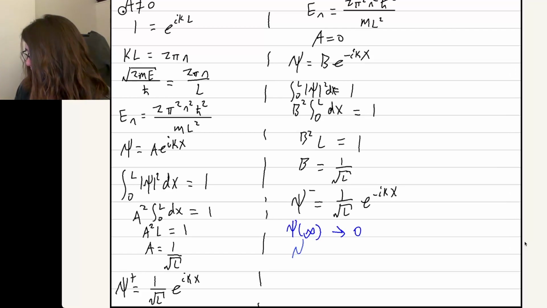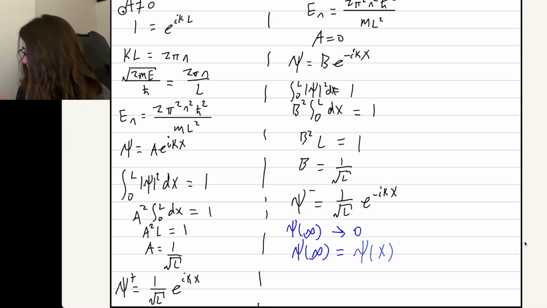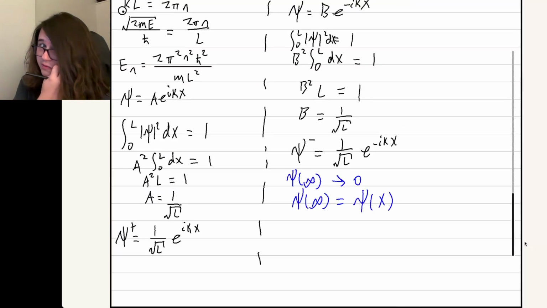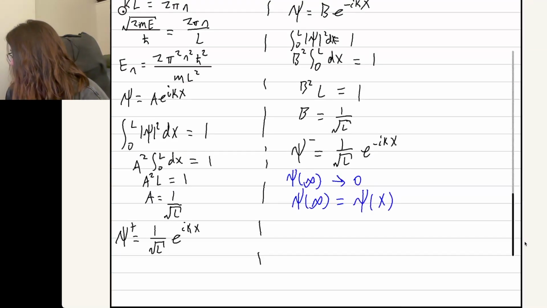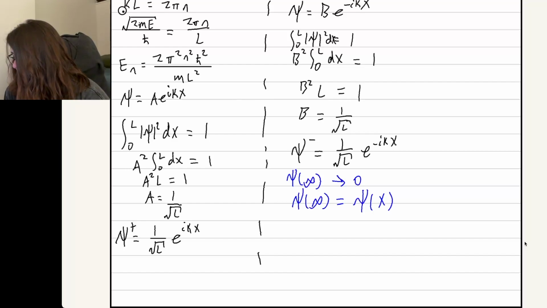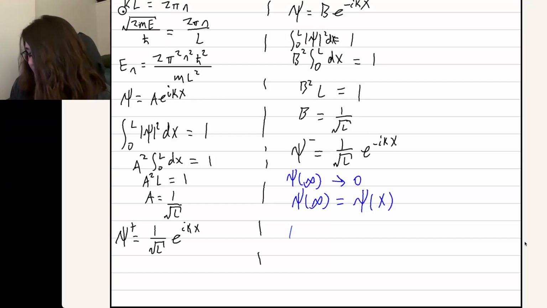Psi of infinity for either of these looks more just like psi of x again, presuming infinity is divided by L, but yeah, you get the point. It doesn't go to 0. So therefore, this case allows degeneracy.